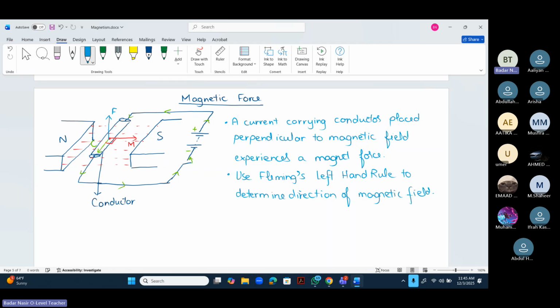Now, what is Fleming's left hand rule? ठीक है? So, let's say this is the thumb. That is your index finger. And that is your second finger, and the rest of the two fingers have been curled.